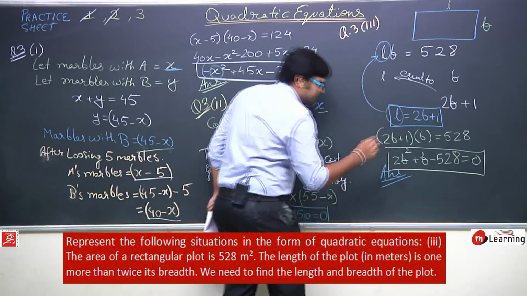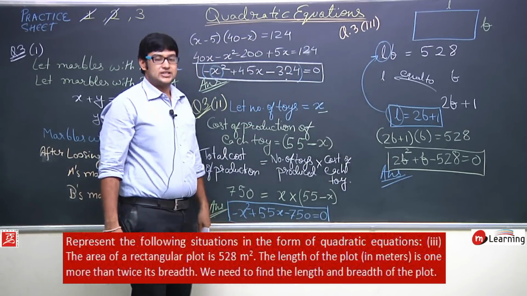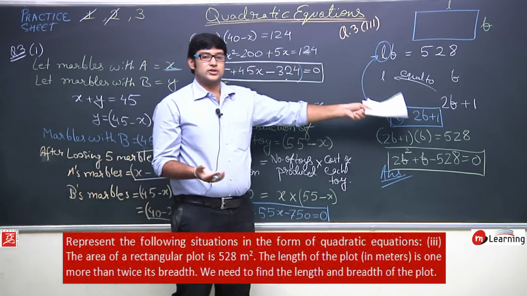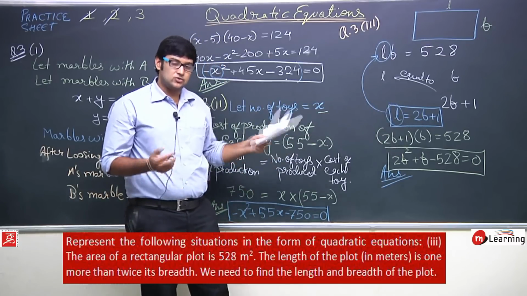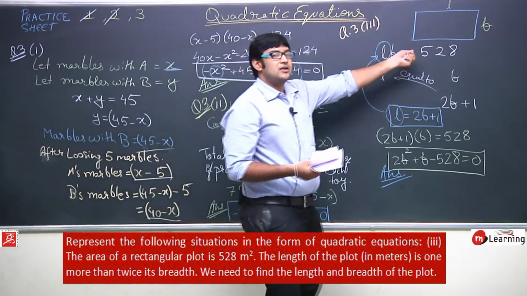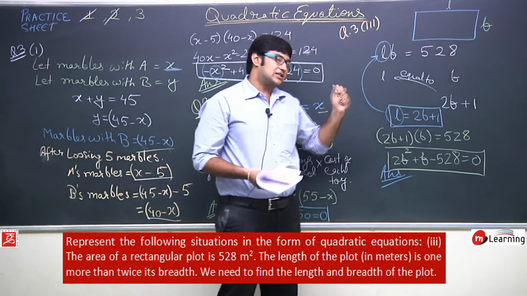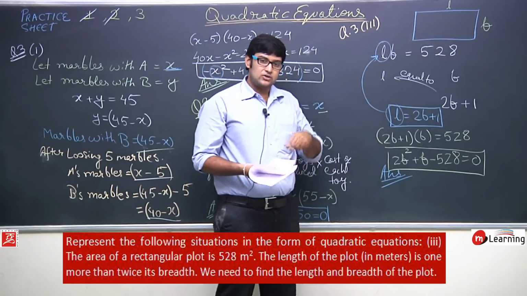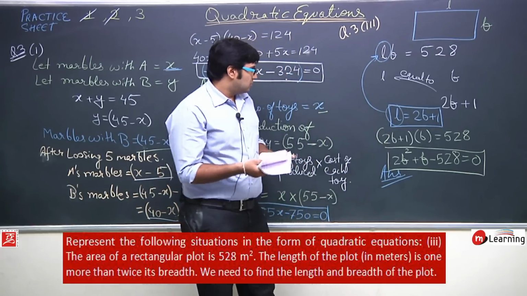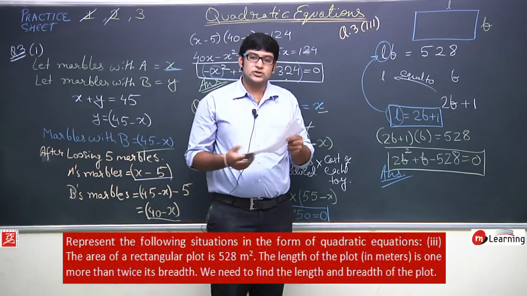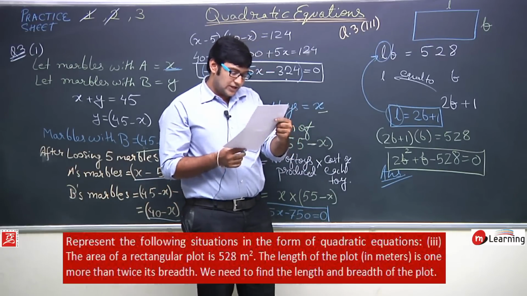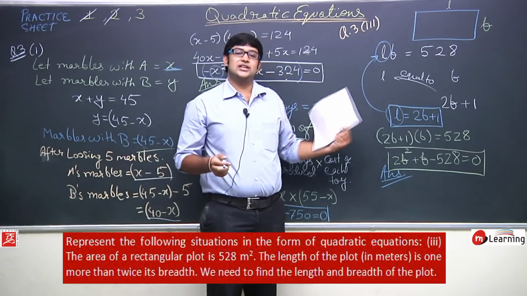The quadratic equation will look something like this, or you can use X also. Any variable which you like you can use. I have used L and B because it is convenient to know what is L and what is B. You can use other variables also. So in this manner you need to solve the third part of question number 3. We have 3 more parts. First note this, then we will continue.